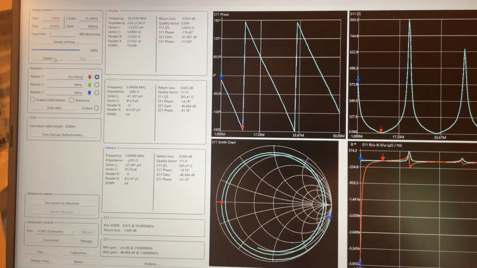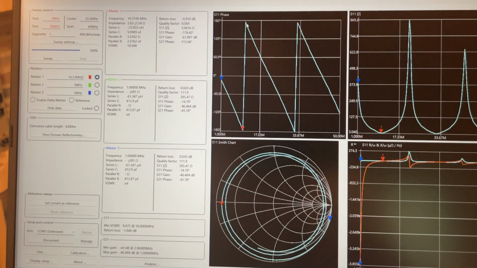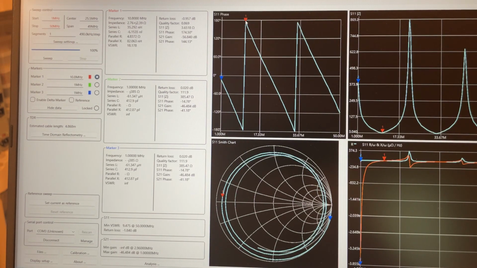Okay, so again, we have the same limitation on the waveform, so we have to determine what the quarter wave frequency is. At minus 180, we're at 10.31, reading off the table up here, and at plus 180, we're at 10.8. If we average those two, it comes out to 10.6.